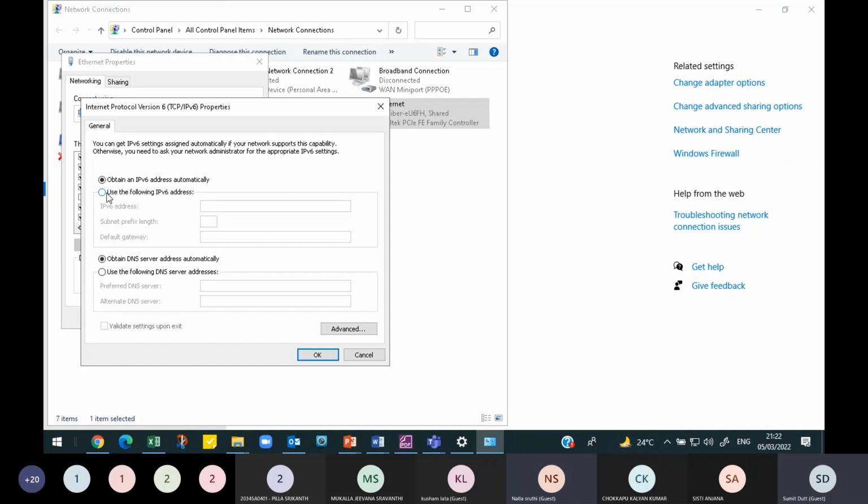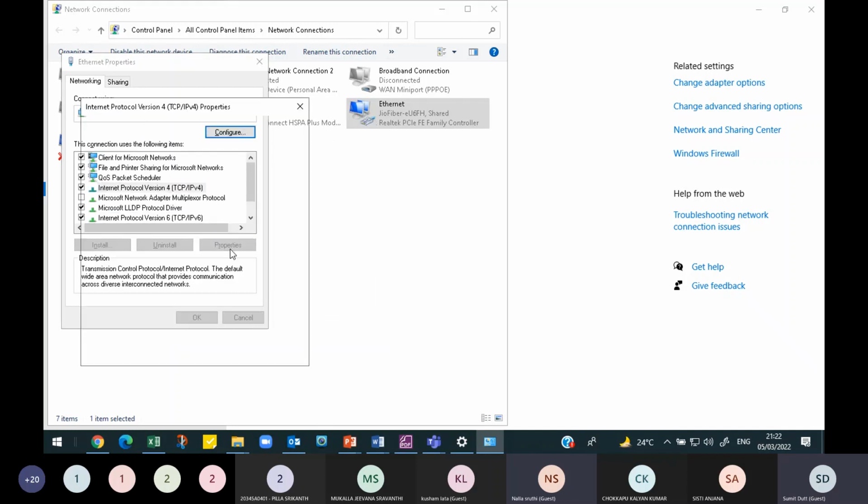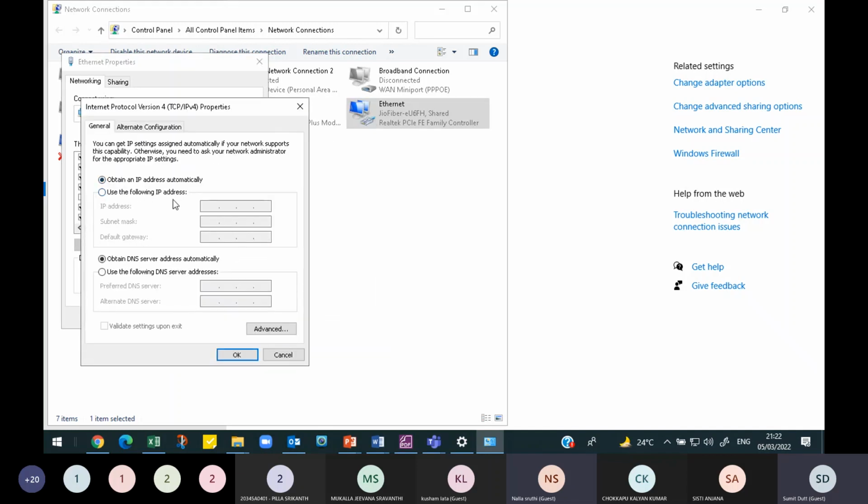But if I use the option to use the following IP address, that will be my static IP address. Similarly, I can show you for IPv4. Here I have selected the dynamic IP address, so it will be automatic. If I choose this one, it will use my static IP mentioned here. Am I clear? Yes, sir.